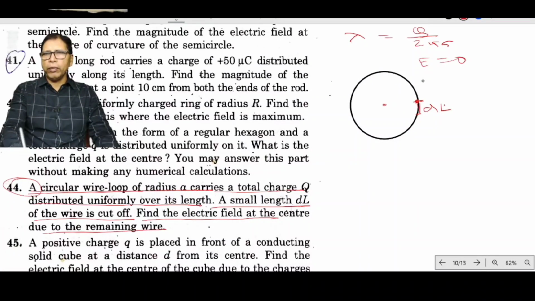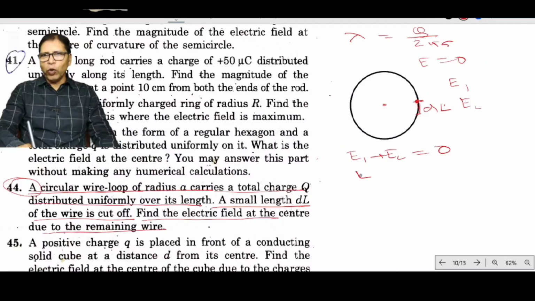Therefore, the electric field due to the remaining portion of the wire is E1 and the electric field due to the cut off portion dl is E2. Therefore, the sum of these two electric fields, E1 plus E2, at the center becomes 0.